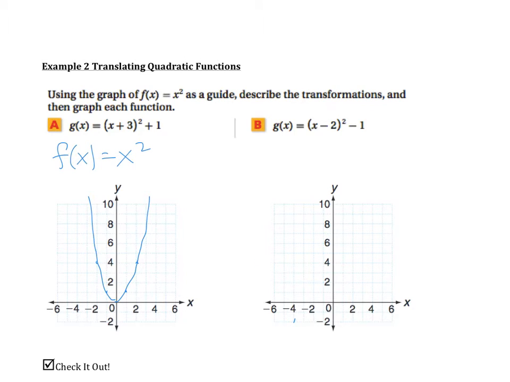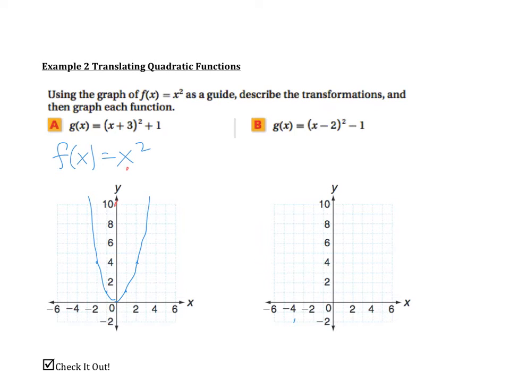If we graph g of x, think of a table. Put 1 in for x, and we get 17. It's way up here. Put 0, you get 9 plus 1 is 10. Put in a negative 1, you get 2 squared is 4, plus 1 is 5.